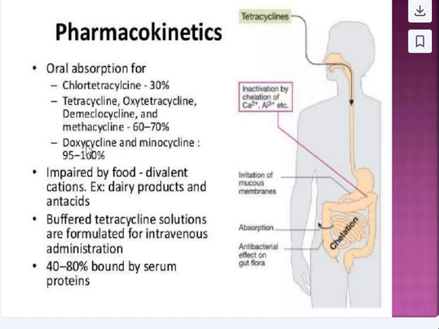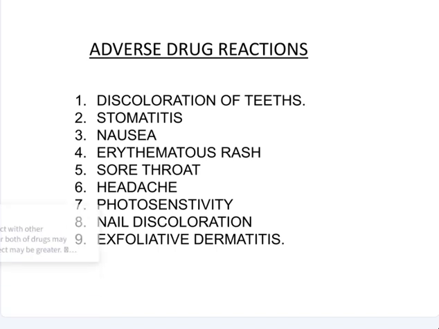Okay, the marketed names are Mino and Doxy. Dairy products and antacids produce divalent cations. Buffered tetracycline solutions are formulated for intravenous administration, and 40 to 80% are bound to the serum proteins.